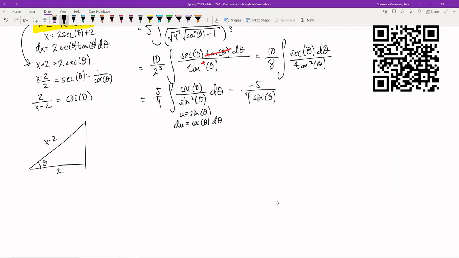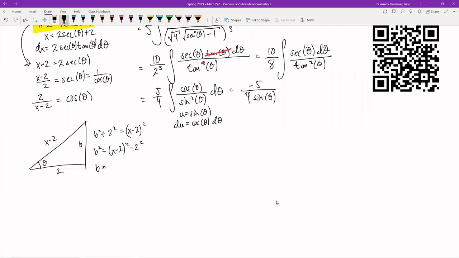So and if I solve this side, right? I'm going to call this b, right? So it should be b squared plus 2 squared should be equal to x minus 2 quantity squared, right? So b squared is x minus 2 squared minus 2 squared.